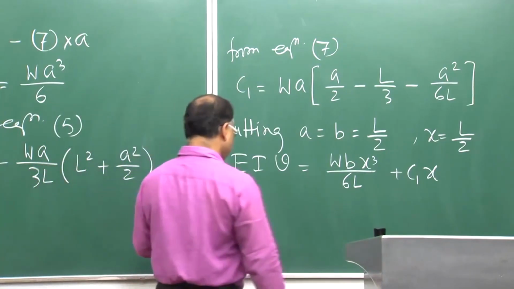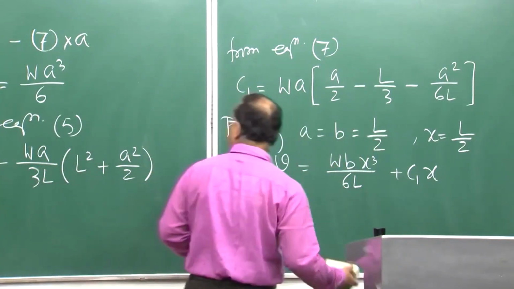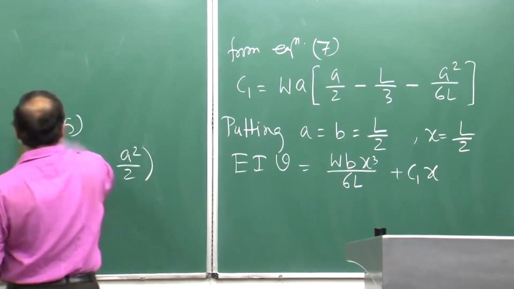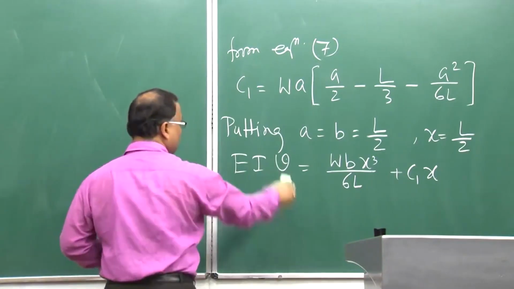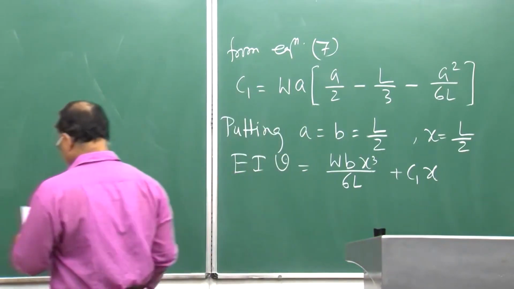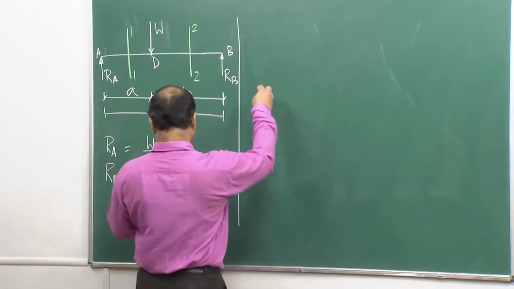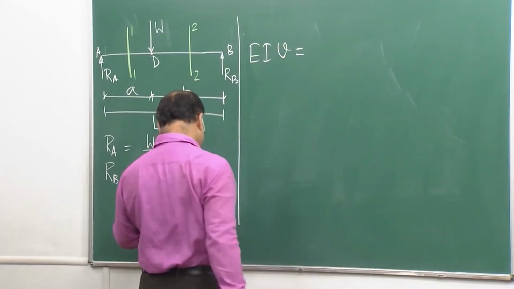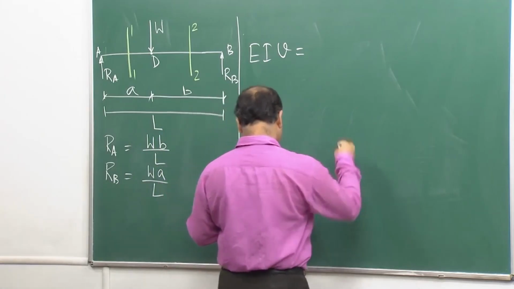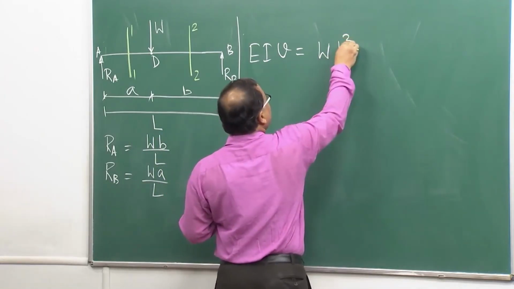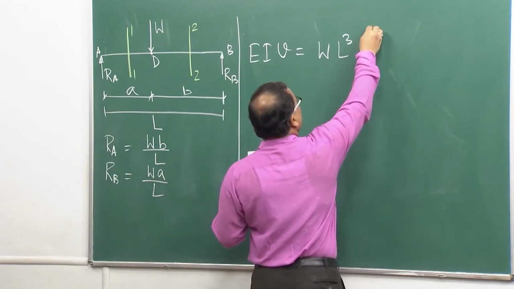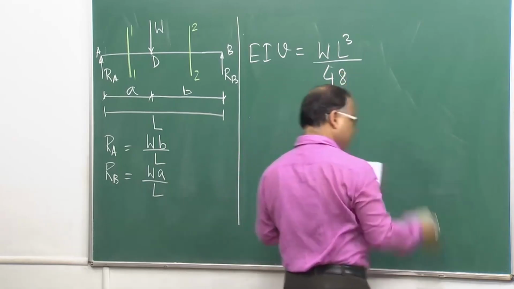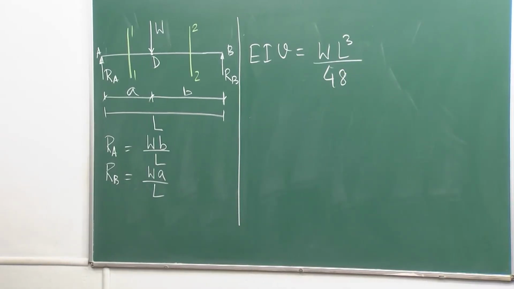So, by putting x equal to L by 2 in this equation, I can get EI V equal to, of course minus, W L cube by 48.